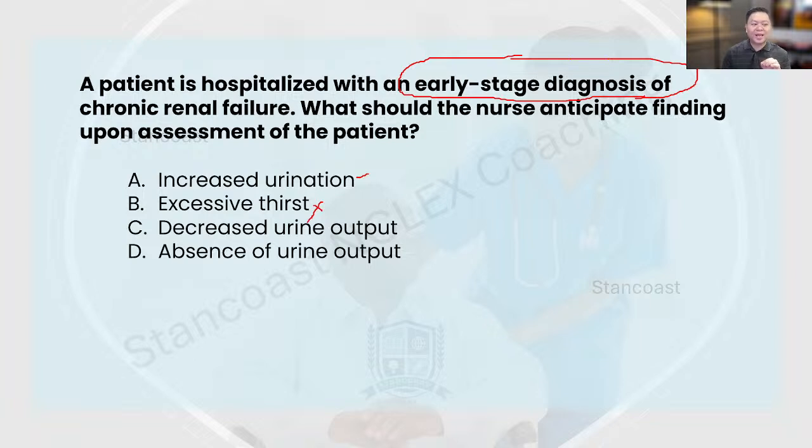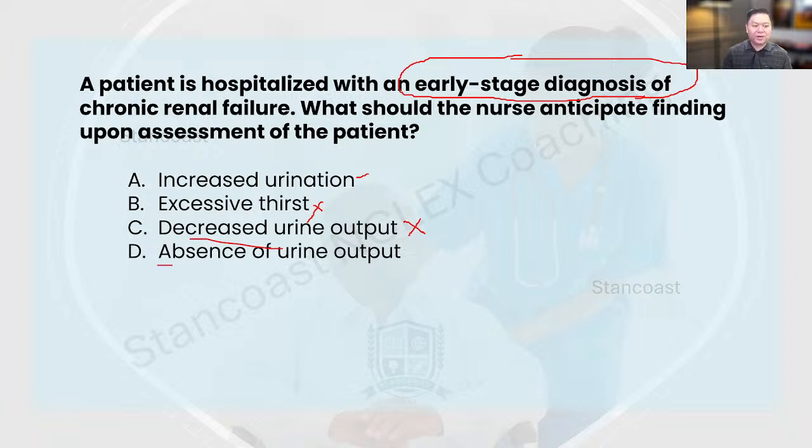What about letter C? Decreased urinary output. Again, we are talking about early stage chronic renal failure or CKD. There is a lack of the kidney's ability to concentrate the urine, so they have polyuria. So letter C means oliguria. That is contradicting. Remove that right away. What about letter D?